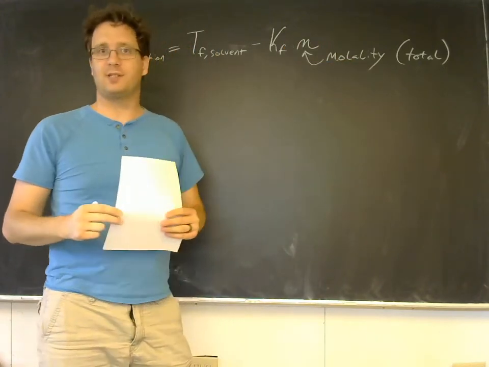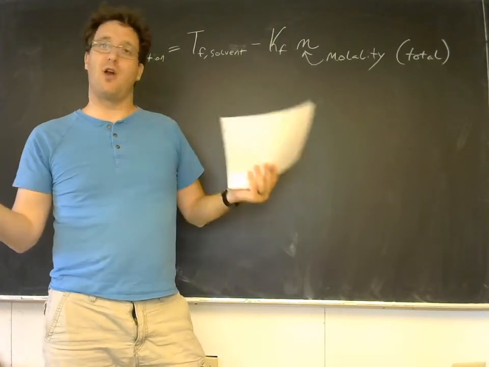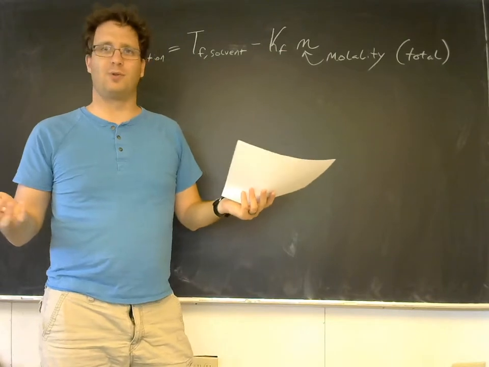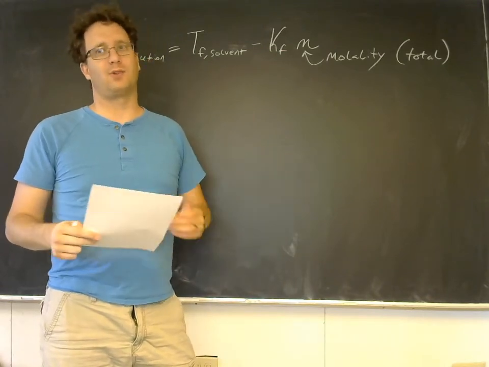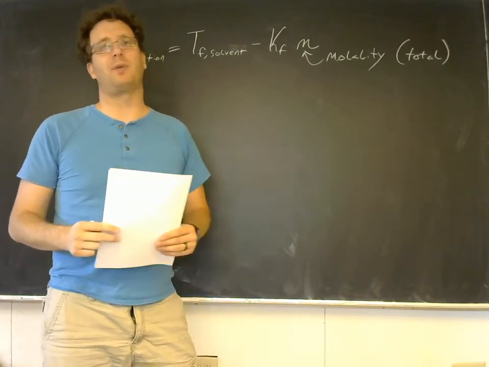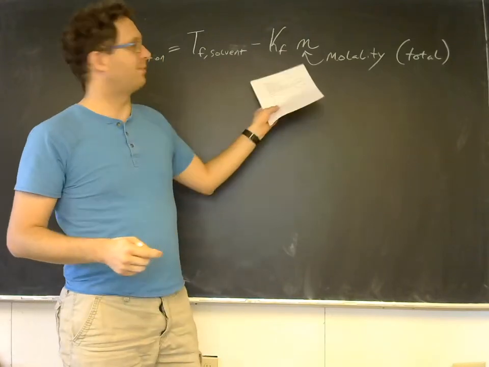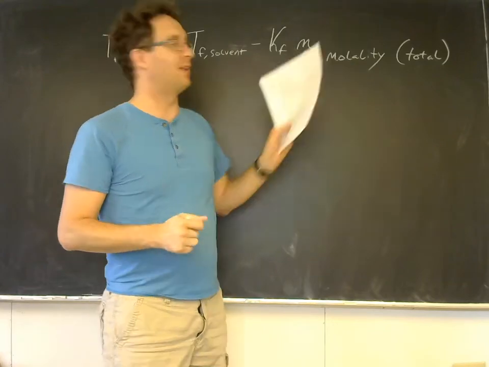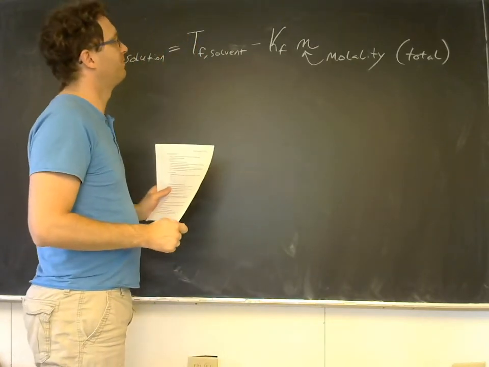Now for this chapter, we're going to consider non-electrolytes. And for this course, we'll always sort of consider cases where there's only one chemical compound dissolved in solution. And so the molality for today is really straightforward. That's just the molality of your solute.